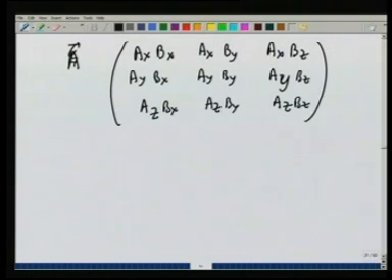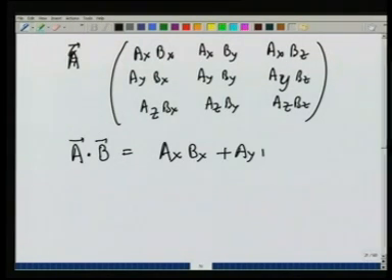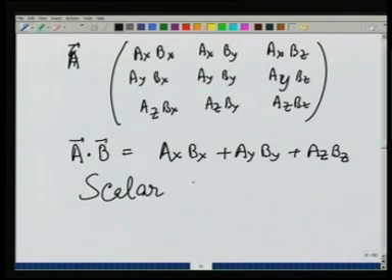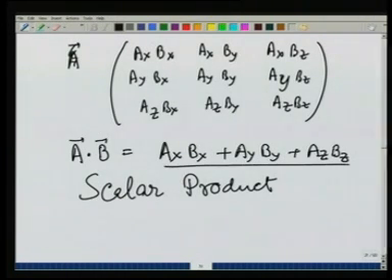Of all these 9 components, we took 3 of them and wrote a scalar product as the sum of ax bx plus ay by plus az bz, and we call this a scalar product.